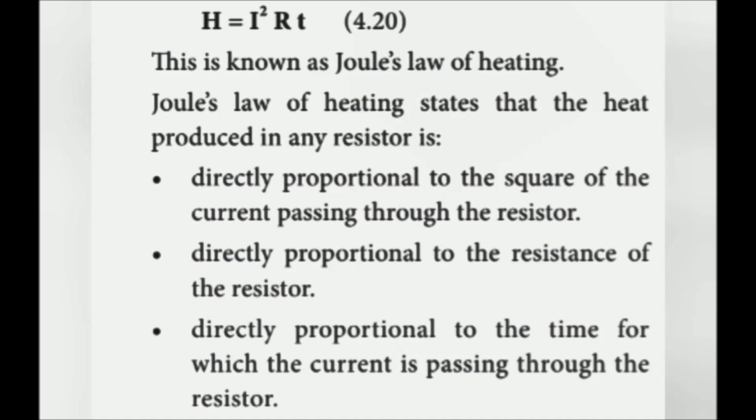Thus, heat produced in any resistor is directly proportional to the square of the current and directly proportional to the resistance of the resistor and directly proportional to the time for which the current is passing through the resistor. H equals I square into R into T.